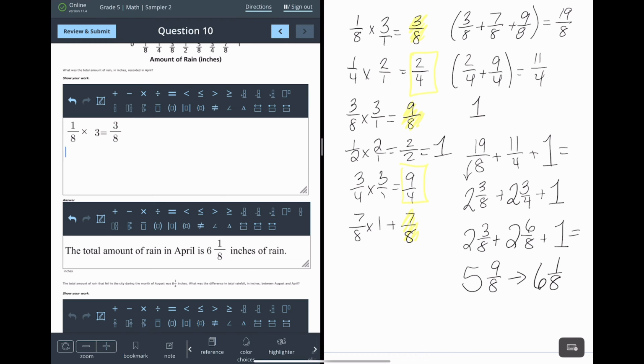And I just have to type all this out, so it's not going to be easy. 1/4 times 2 is equal to 2/4.